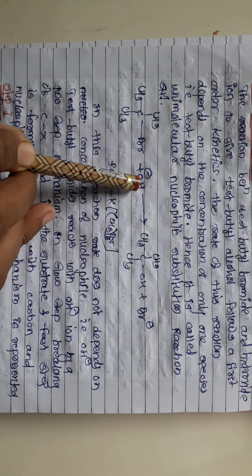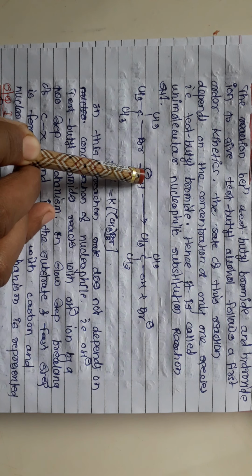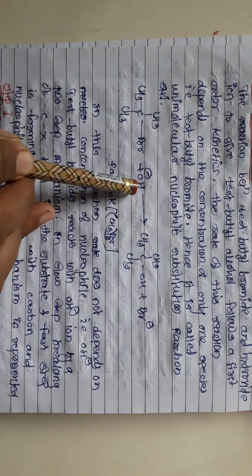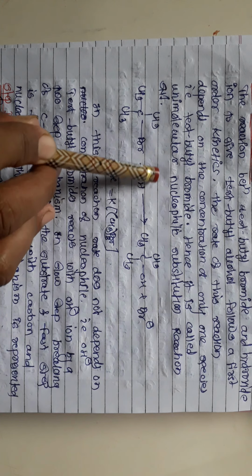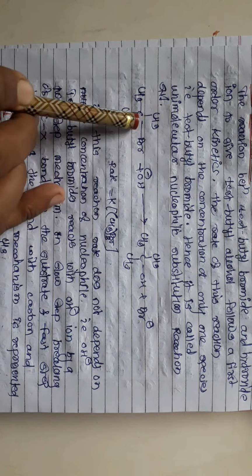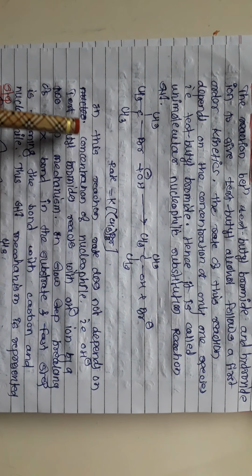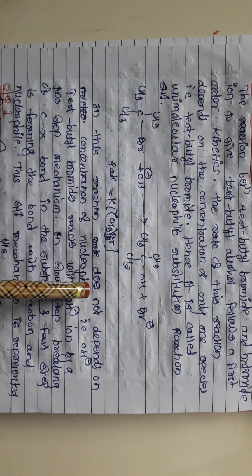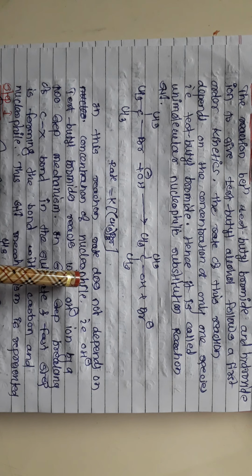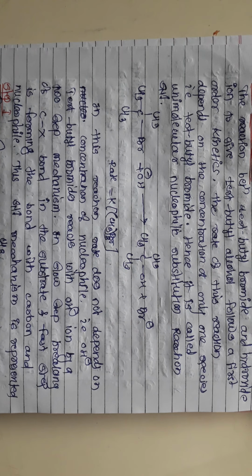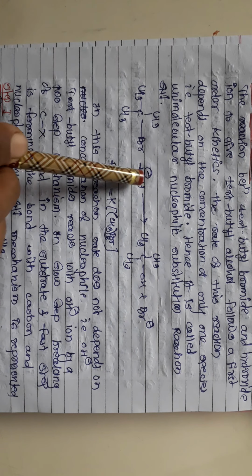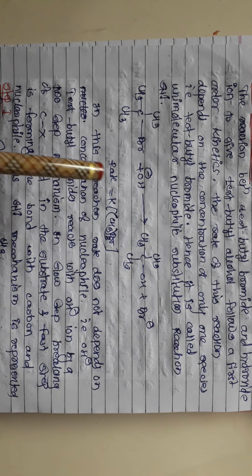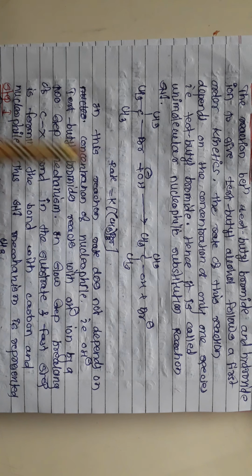That is called an electron rich species. That's why in this reaction OH minus is the nucleophile, and this species is called the electrophile. The rate does not depend on the concentration of the nucleophile, that is OH minus.